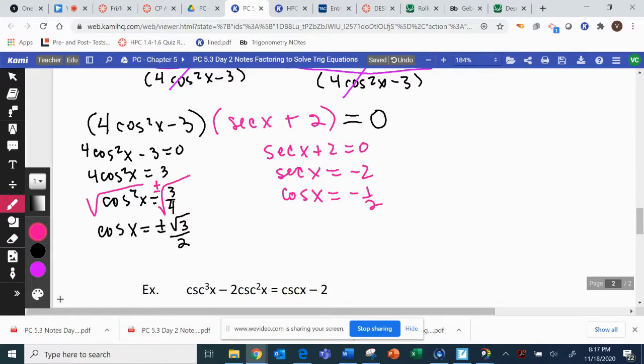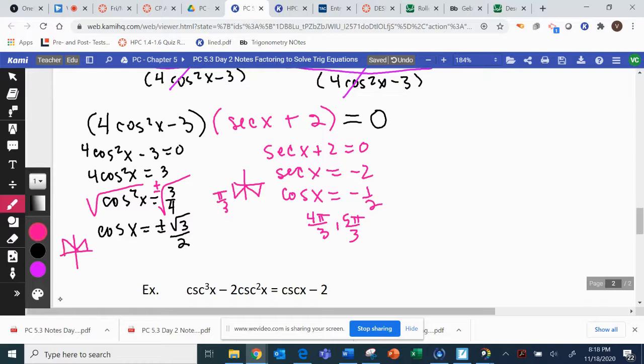And cosine is negative 1/2 in these 2 quadrants. Oh, I didn't even finish the other one. Cosine is negative 1/2 in these 2 quadrants, and that would be at 60 degrees, pi over 3. So for this one, we've got a 4 pi over 3 and a 5 pi over 3. And then for this first one, sorry, I forgot to do that last step.